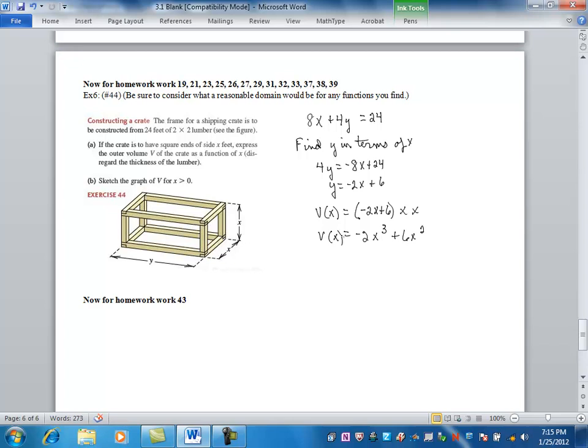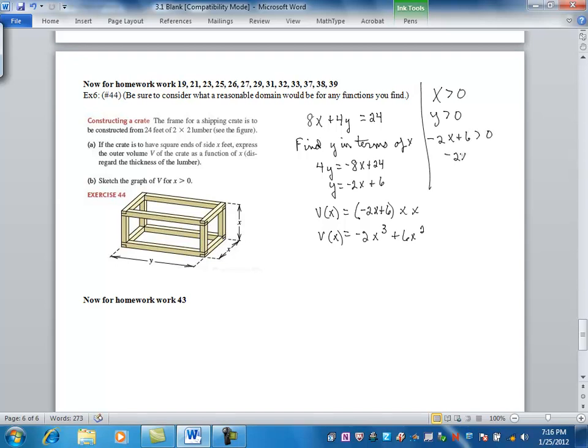Alrighty. And so now let's think about what a reasonable domain would be here. One thing we got to do, folks, obviously x has to be greater than 0. But you know what? So does y. Y has to be greater than 0. And you say, well, okay, but what's that mean? Well, we know that y is negative 2x plus 6. That's got to be greater than 0.